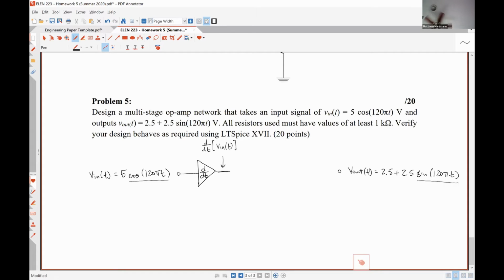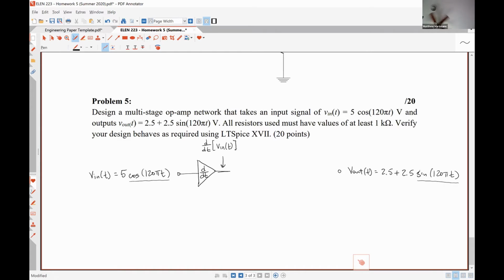So there's going to be an omega in there as well, and hopefully you guys remembered from how the differentiator circuit itself works, there's going to be a factor of 1 over RC thrown into the mix as well, right? Yes, sir. Yeah, so the differentiator circuit adds a scaling factor of, if you use the capacitor-based one, 1 over RC.